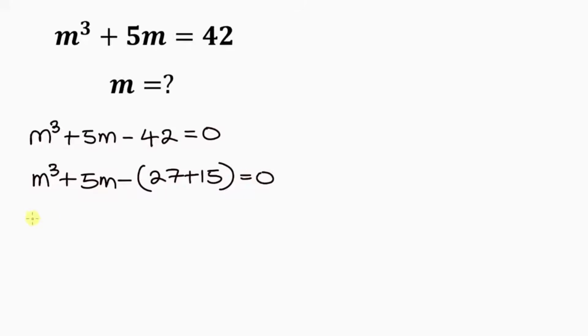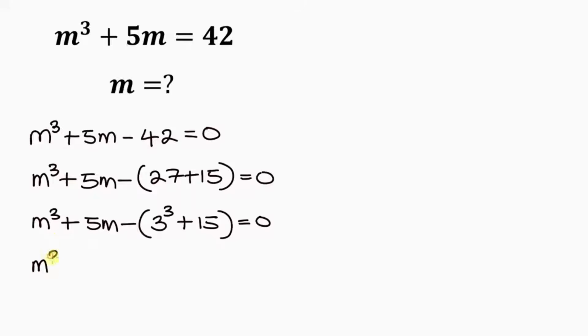Now this can further be simplified into m cubed plus 5m minus, now 27 can be written as 3 cubed plus 15 equal to 0. Now our next step will be for us to use this negative to open up the bracket. So we have m cubed plus 5m.